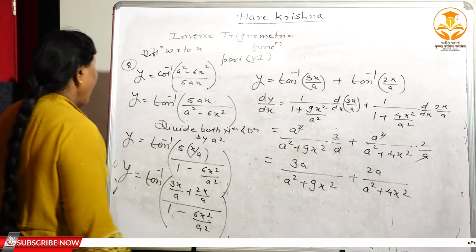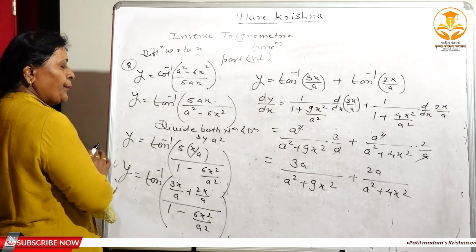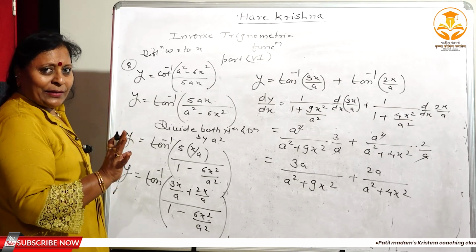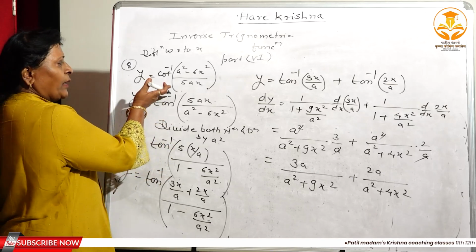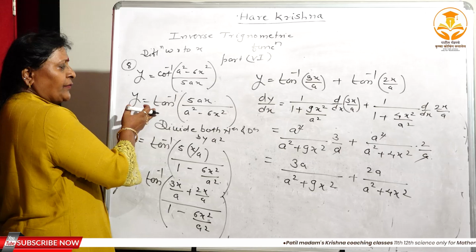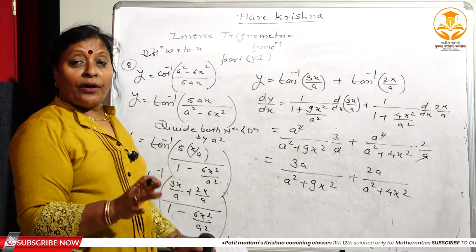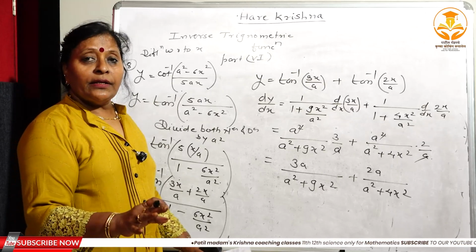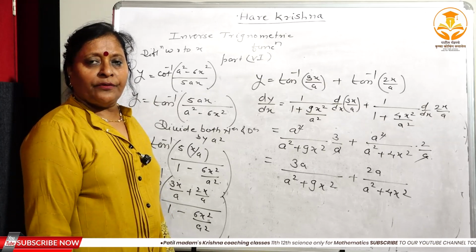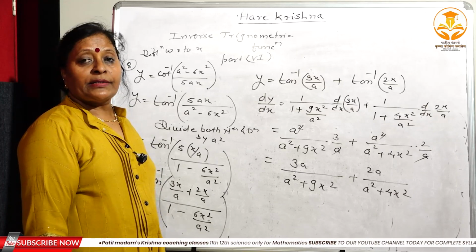Again, this is the 8th unusual problem, right? So this is also very, very important. A little bit you have to imagine it, isn't it? So you get confused. First the cot inverse, strictly you have to convert in the form of a tan inverse, and then you have to imagine whether there is a formula of tan 2 theta or whether there is a formula of tan inverse x plus tan inverse y is equal to tan inverse of x plus y divided by 1 minus xy.